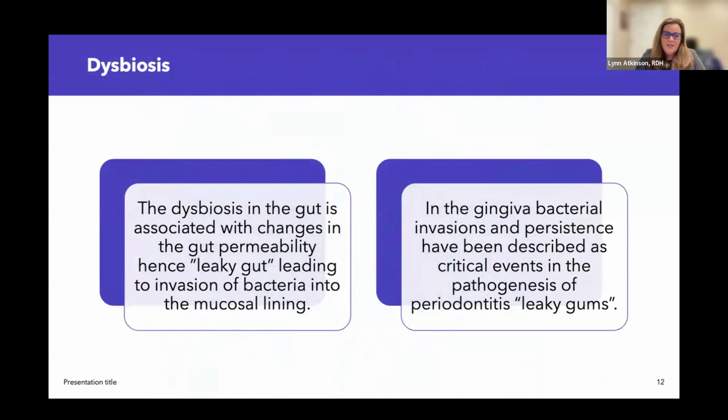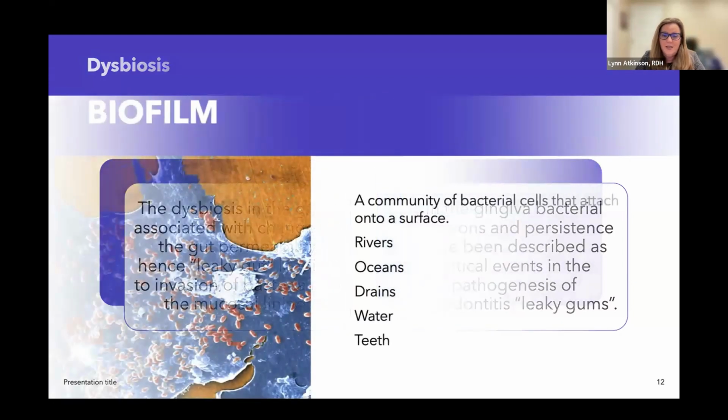Dysbiosis of the gut is associated with changes in gut permeability, hence we call it leaky gut, leading to invasion of bacteria into the mucosal lining. It's no different in the mouth. Gingival bacterial invasion and persistence have been described as critical events in the pathogenesis of periodontitis, or leaky gums. So it's the same thing in the mouth that it is in the gut.